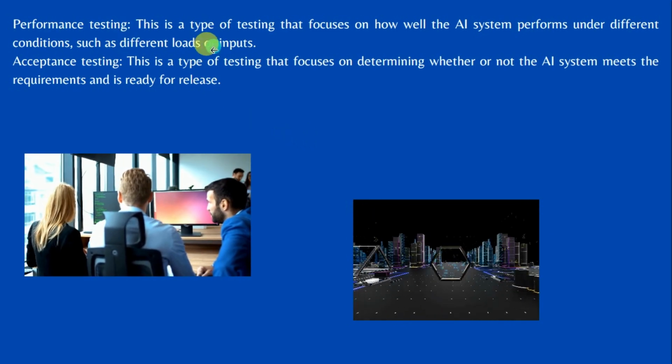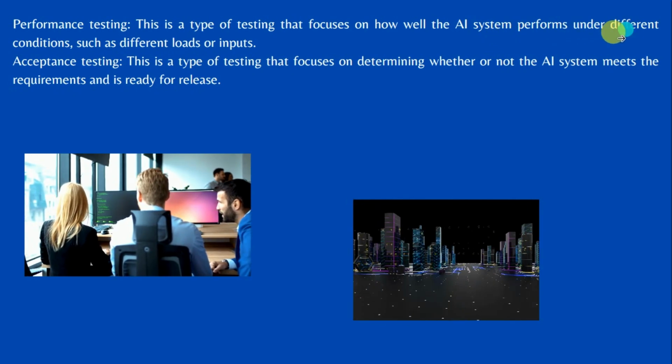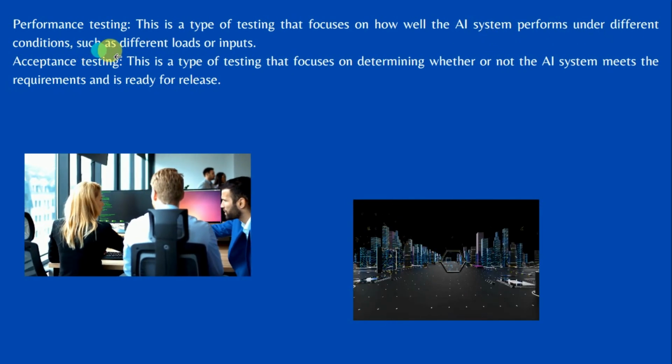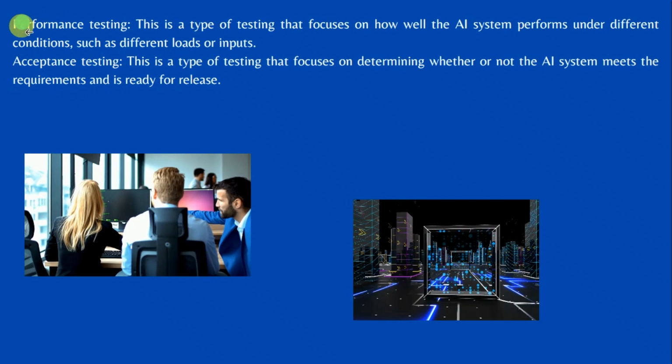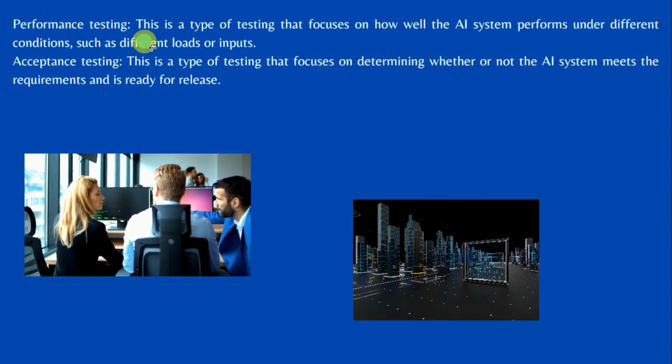Performance testing. This is a type of the testing that focuses on how well the AI system performs under different conditions, such as the loads and the inputs. So you already know the performance testing, how we perform. If there are multiple users and they are using the tool, then the tool should perform under the loads and the inputs.